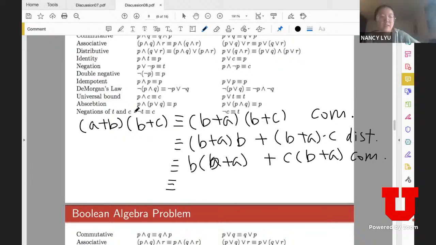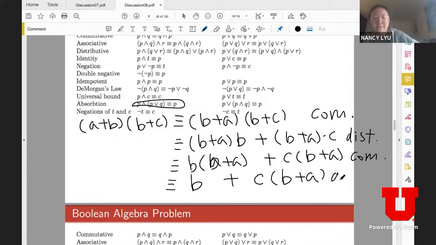So right here, there's an absorption. We're going to use the first one, and that will give us just B plus C dot (B plus A).